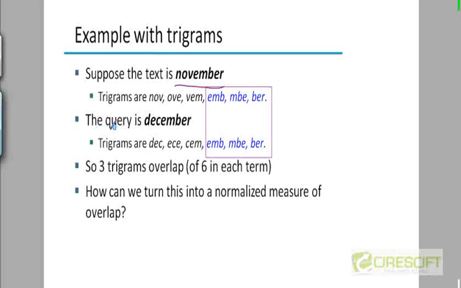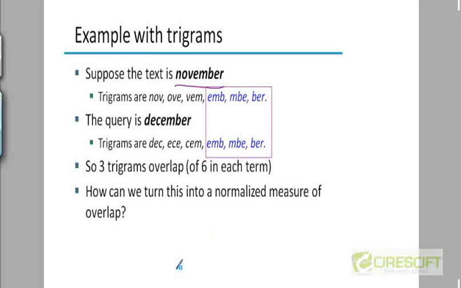Now we could similarly take the query and split it into its constituent trigrams. So these are the trigrams of December. Now how many trigrams in the query overlap with the trigrams in this particular term in the lexicon? There are 3 that overlap out of a total of 6.